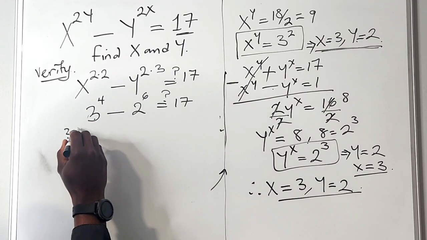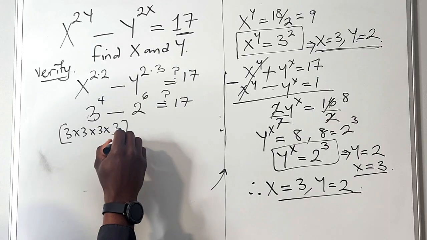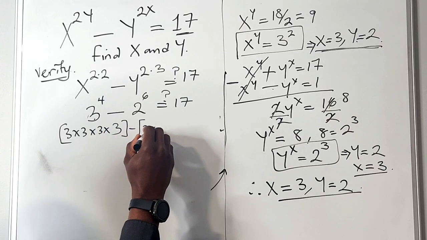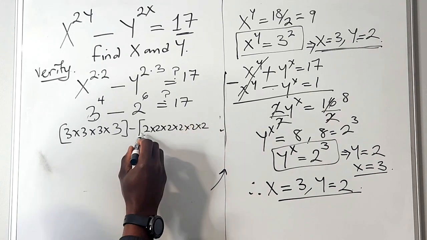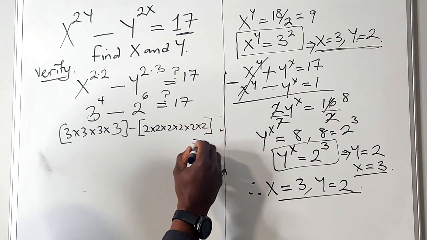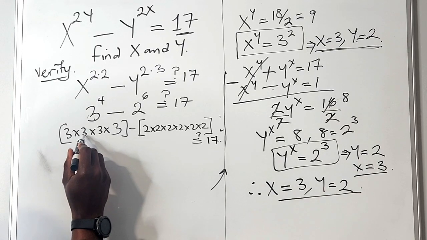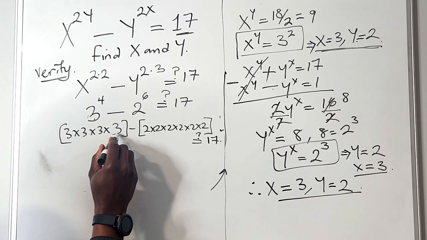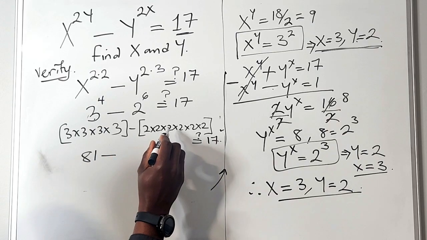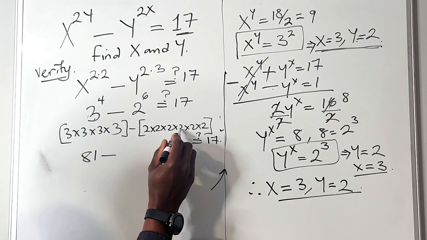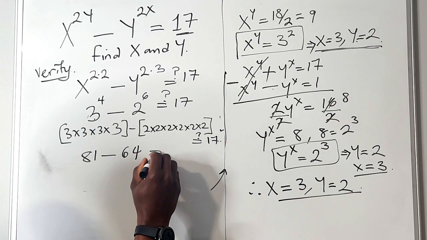So we have 3 times 3 times 3 times 3 minus 2 in 6 places. Is this equal to 17? 3 times 3 is 9. 9 times 3 is 27. Times 3 is 81. 2 times 2 is 4. 4 times 2 is 8. 8 times 2 is 16. Times 2 is 32. Times 2 is 64.